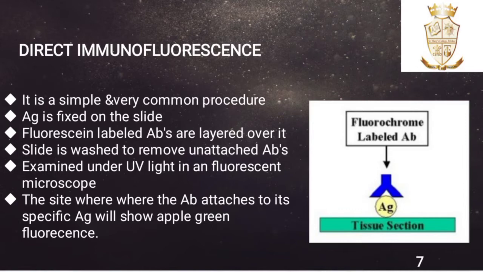The slide is washed to remove unattached antibodies and examined under ultraviolet light in a fluorescent microscope. The site where the antibody attached to its specific antigen will show apple green fluorescence. That is direct immunofluorescence.